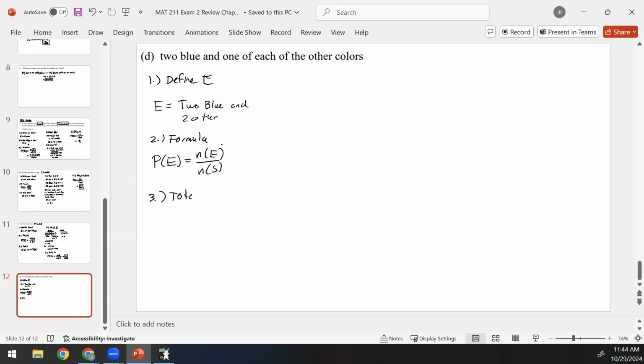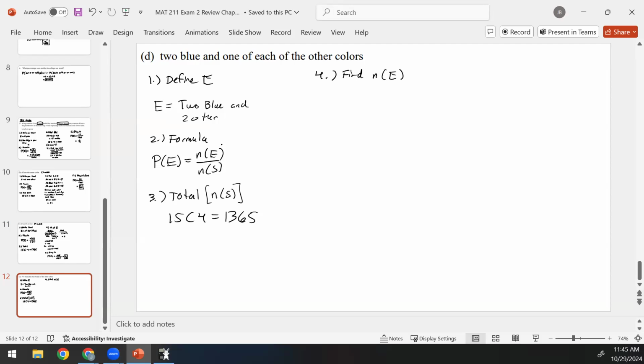Step 3, what is the total? Again, we're still drawing 4 marbles out of 15, so 15 choose 4, 1365. It's going to be the same total for all of them. And then step 4 is to find N of E.